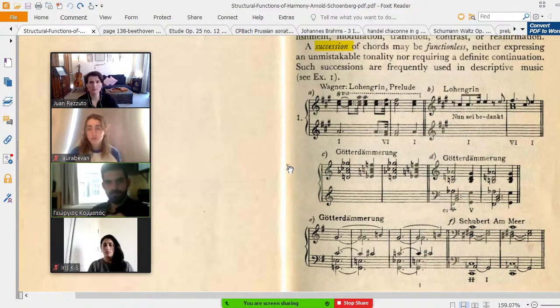A progression that reaffirms its aim, a typical one. Yes, very good. 1-5-1. The perfect authentic cadence. Our most beloved friend.